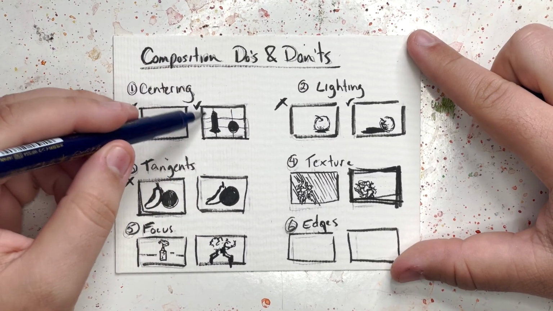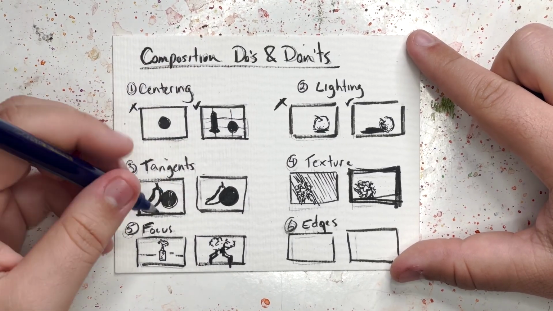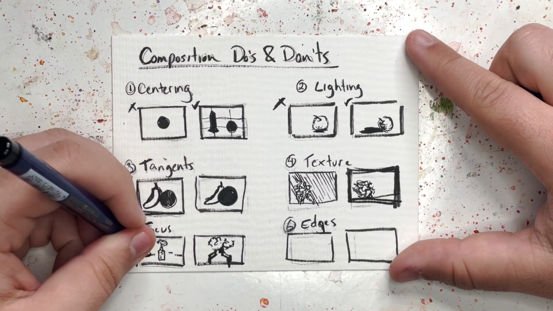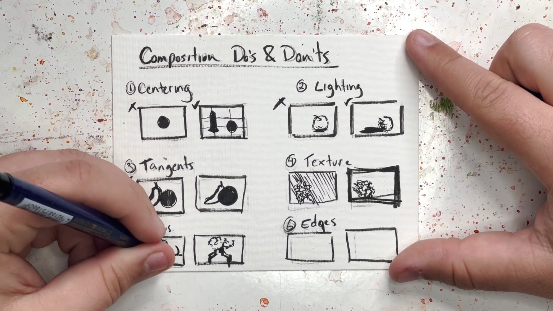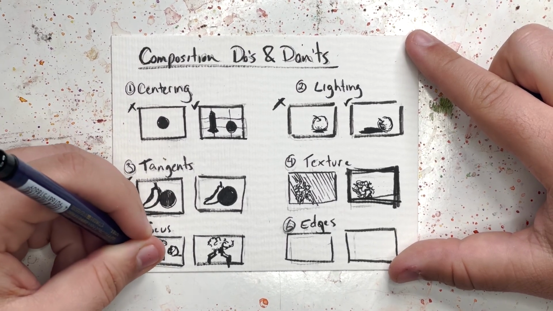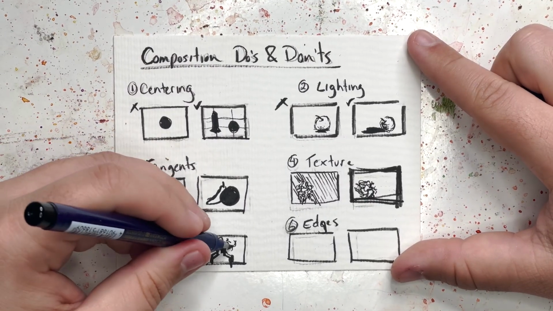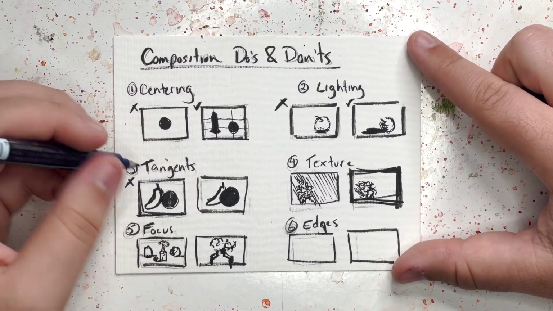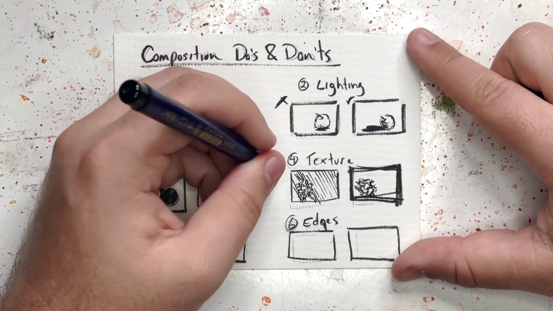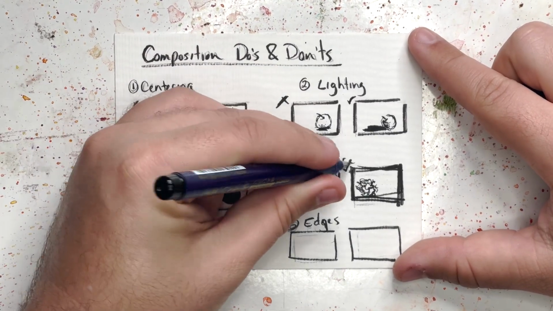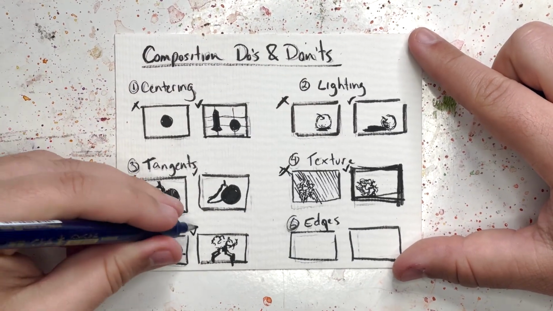Now, I could put it in a corner, right? I'm worried about the focal point. But if I have 100 things that are all equally important in the eye of the viewer, it's going to lose some of that interest and focus versus one thing very specifically, obviously being focused on. I keep forgetting the X's and checks, but you get the idea.